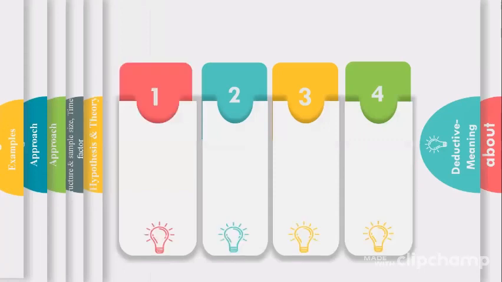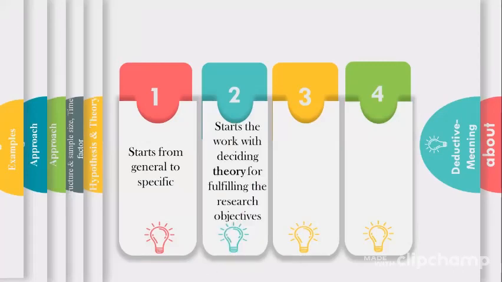Now, as in the cover slide, we have seen that there are two approaches to research. One is deductive and one is inductive. So what do we mean by the deductive approach? In the deductive approach, it starts from general ideas to some specific ideas. And deductive approach always starts the work by deciding the theory.